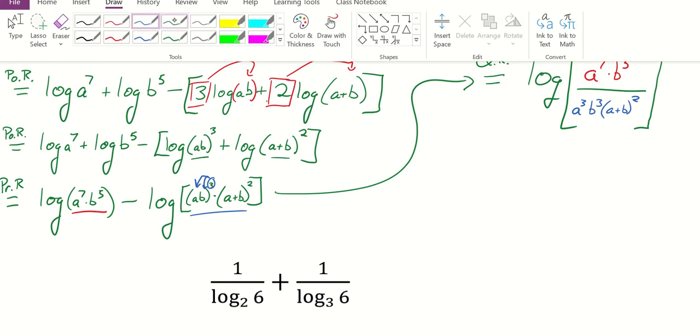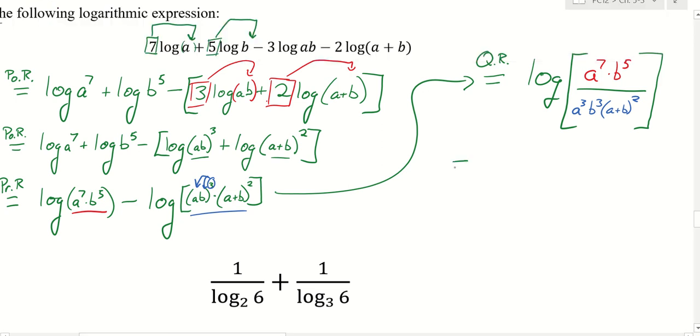And all I have to do at this point is simplify. So here, this is really just the logarithm of, well, A to the 7 on top, A to the 3 on the bottom. Everything is being multiplied in the numerator, everything is being multiplied in the denominator, so I can cancel out these factors. This will be A to the 4.